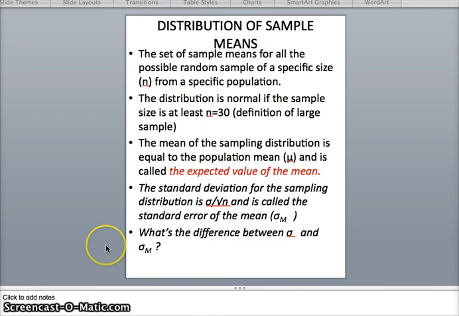I've included some information on this slide about the distribution of sample means. The second bullet point is very important because for statistical purposes, a large sample equals n equals 30.